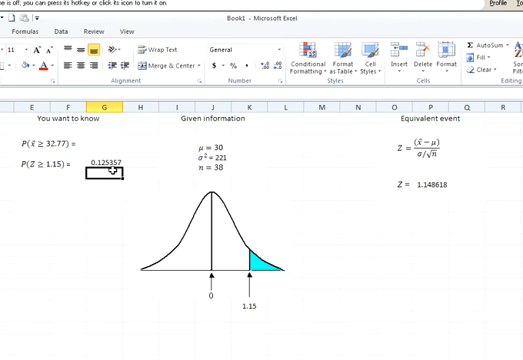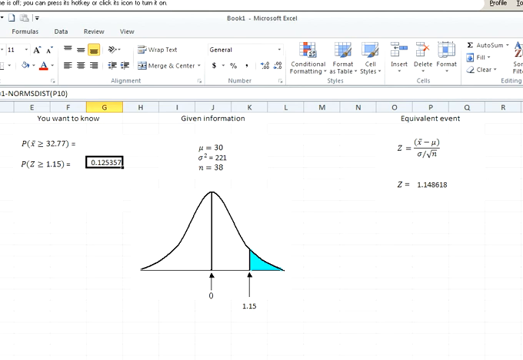In other words, this area is 12% of this entire area. This is the probability. So you computed the probability that x bar is greater than 32.77, if these samples are collected from the population of mean 30 and variance 221 and the sample size was 38.